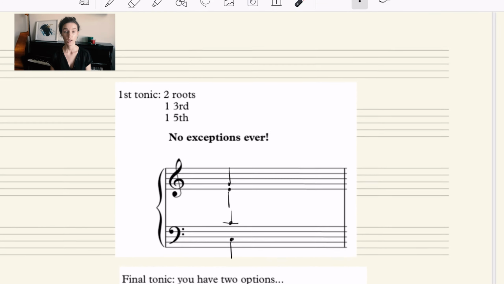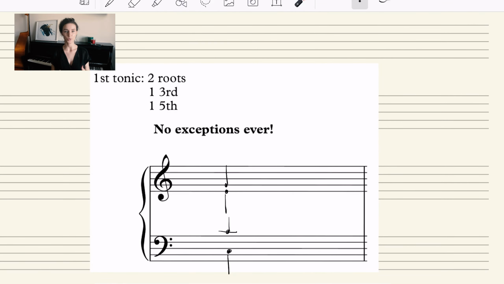What are the rules of doubling? Rule number 1 tells you how to begin and end any chord progression. You should always start with the tonic and end with the tonic. In your tonic at the very beginning, in the first tonic of your chord progression, you should have 2 roots, 1 third, and 1 fifth.